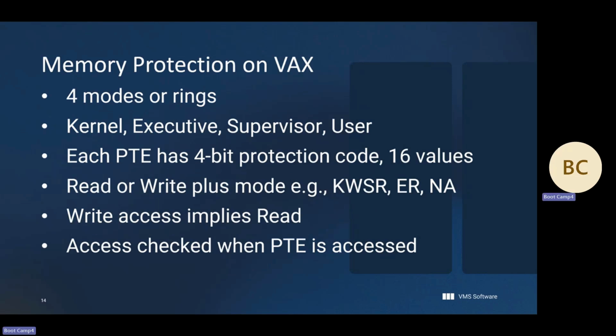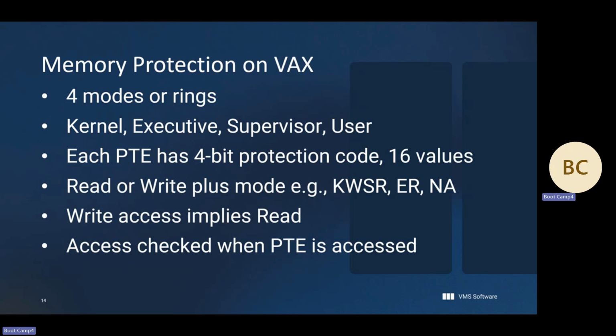On the VAX, we had 4 modes or rings, and I call them rings because they are concentric. If you have kernel mode access, then you have exec, super, and user, and so on. Each PTE had a 4-bit protection code in it, which has 16 values, of which one we don't use. Because they're concentric, we could fit all of the codes into 15 values and 4 bits.